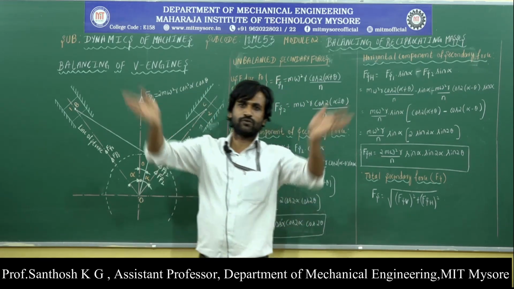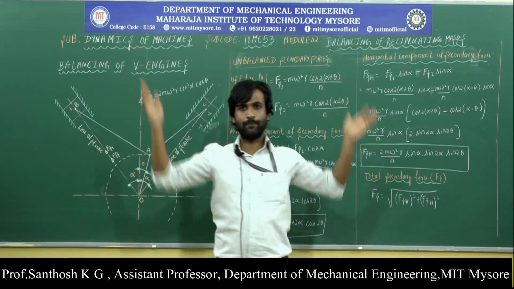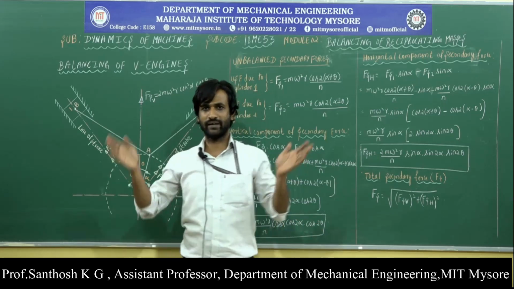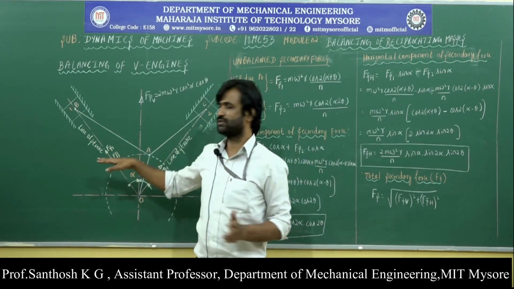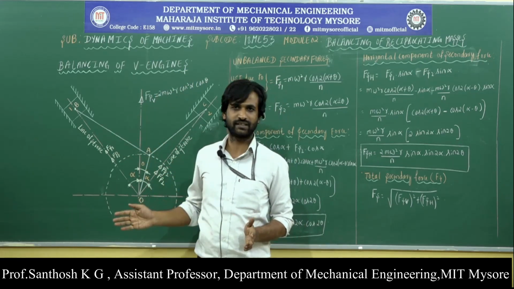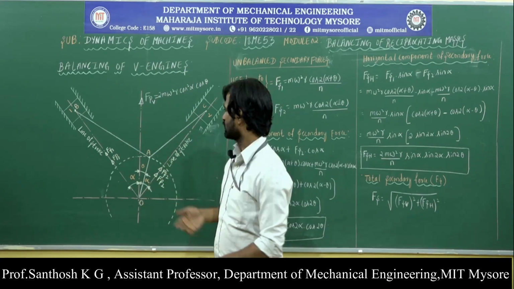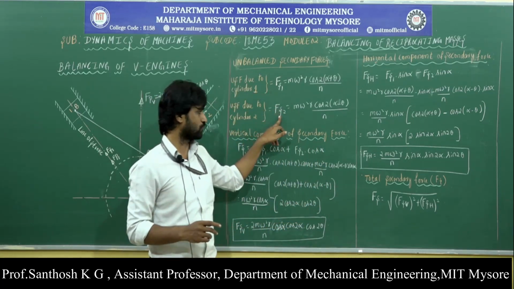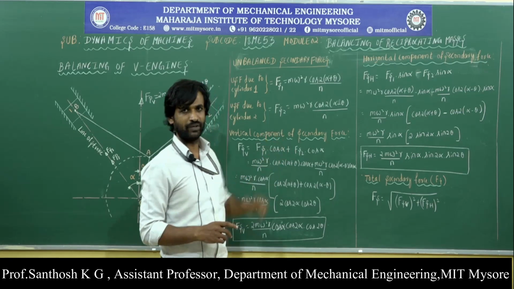Since these two forces are acting in two different directions, in order to add them I need to resolve these two forces along the vertical direction as well as the horizontal direction, and then we can find the resultant. First I will find the component of these two forces along the vertical direction.